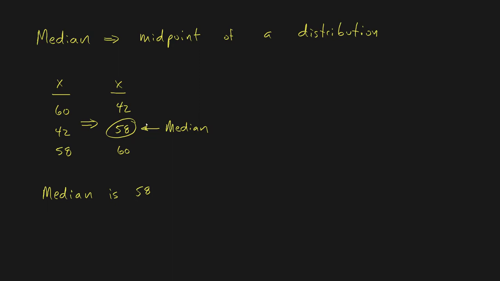I'll give a slightly different definition here. Basically, it's saying the same as this, but it's just worded a bit differently. It's the score or the point that divides the distribution into two halves.